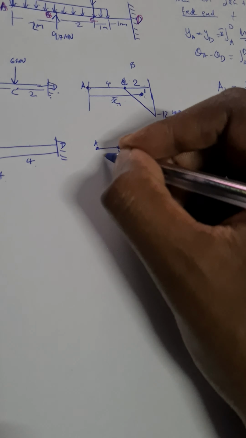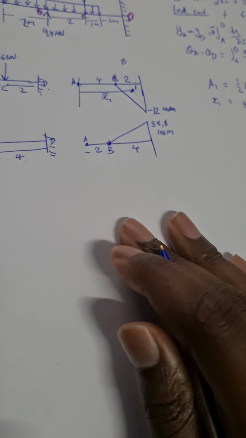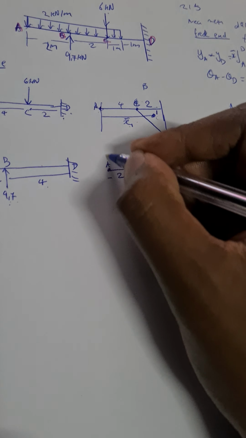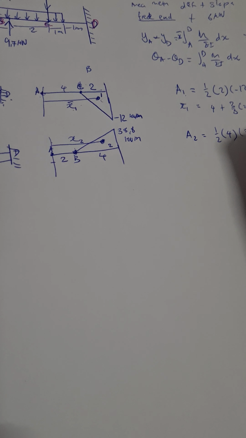So this is B, right? The distance here is 4, and the distance here is 2, right? Then again, what is my x bar? They asked me the deflection at A, so my x would always start at A up until the center. So this is my x2, this is my area 2. Then again you calculate, my area 2 is equal to 1/2 times 4 times 38.